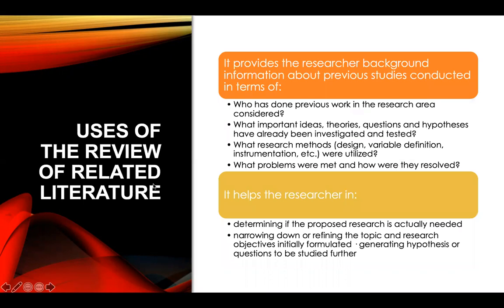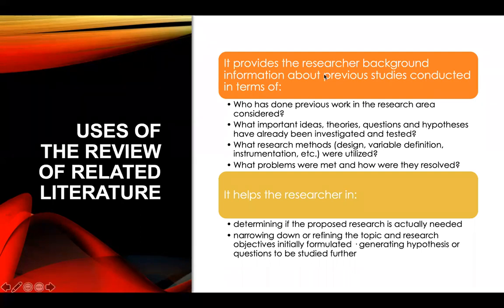And the literature review is a very important phase of the research process because it has several uses to the researcher in all phases of the research, from project conceptualization to report writing. Okay? The following are the uses of the review of related literature, RRL.